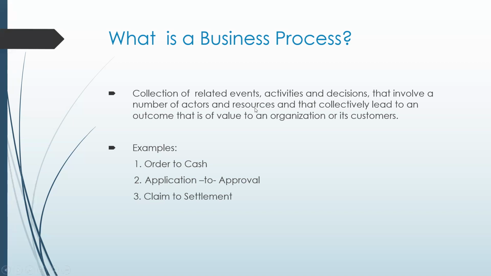Then resources. What is a resource here? Anything that helps me perform this transaction can be called a resource. The trolley in a warehouse can be called a resource. Or when the delivery guy comes in, he brings a device for e-signature, so that can be called a resource. Or the gift wrapping paper could be called a resource. And then the last, the most important one, is the outcome.